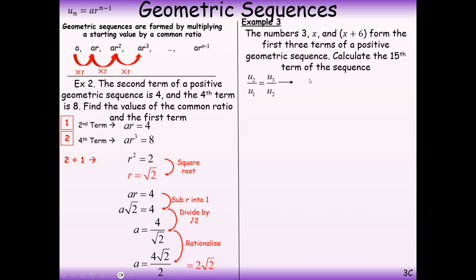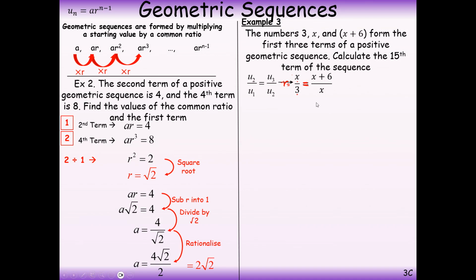In our case, the second term divided by the first has to be equal to the same ratio that the third term has with the second term. So knowing this, we can ignore the fact that this equals r and just solve it for x.